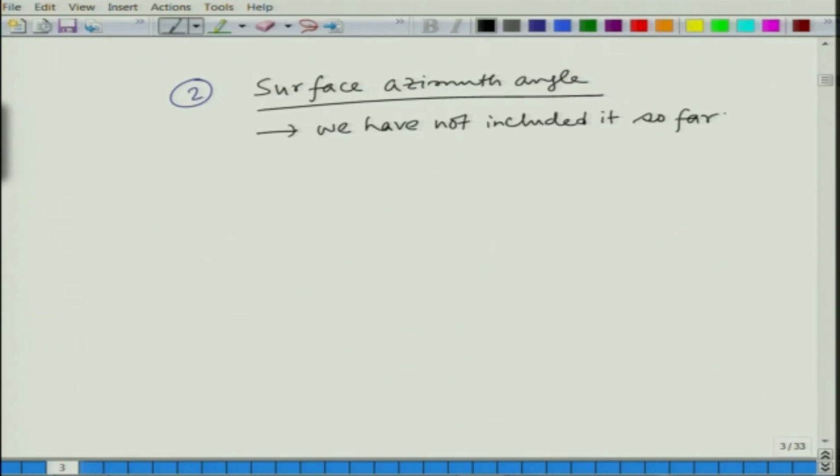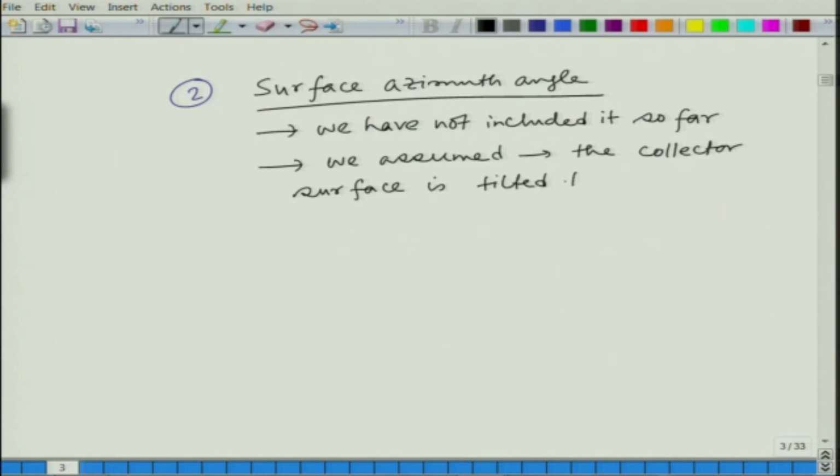Why did we not need to include it? Because we assumed, and in one case we also mentioned explicitly, that the collector surface is tilted towards the equator.